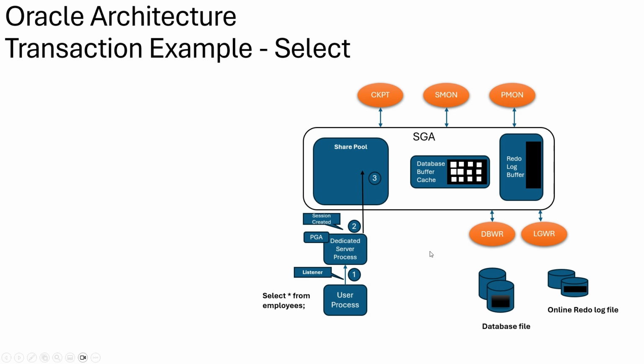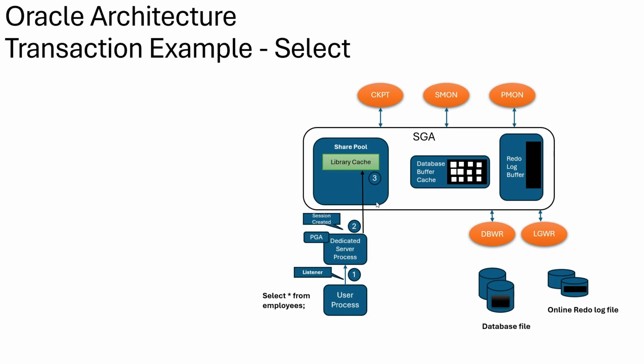This is important. In a select query, the dedicated server process will communicate with the shared pool. Within the shared pool we have two components, library cache and dictionary cache.